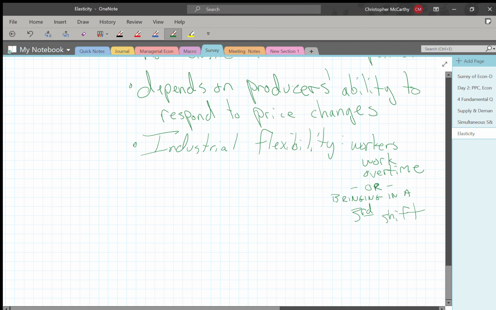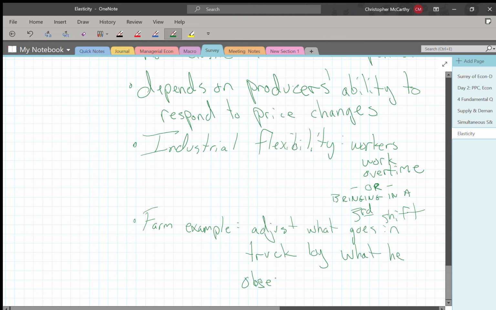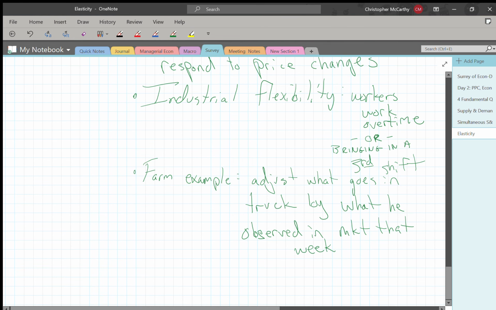The farm example, we can adjust what goes on the truck each day based on what he observed in the market that week. So they could be like, all right, I'm going to put more corn in and less squash, right?